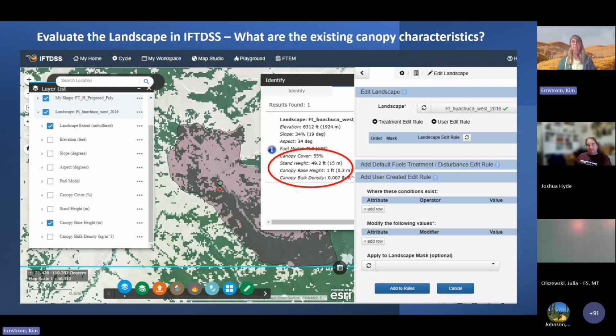I'm going to focus here on that particular piece of the canopy characteristics, but you can manipulate the others as well, depending on what you're after. Obviously, if you're doing a thinning project, then you're going to change the canopy cover, right? So you've got to think about what your treatment is and then how that's going to change the canopy characteristics.